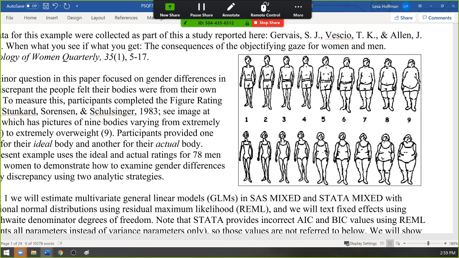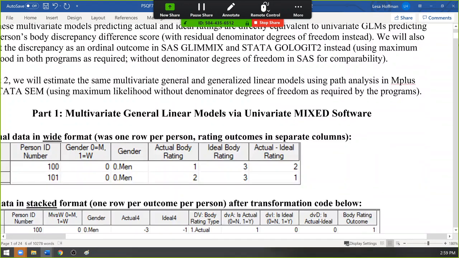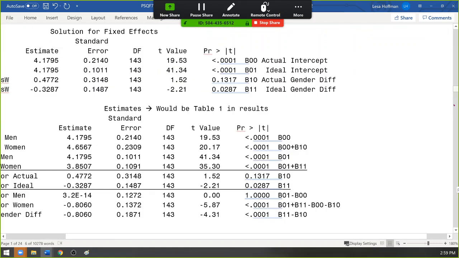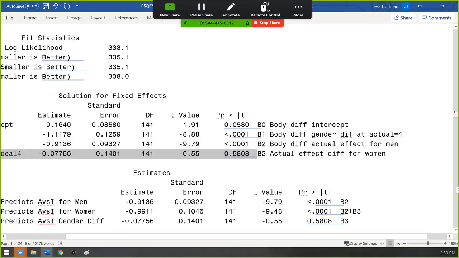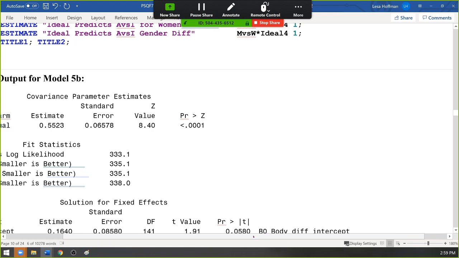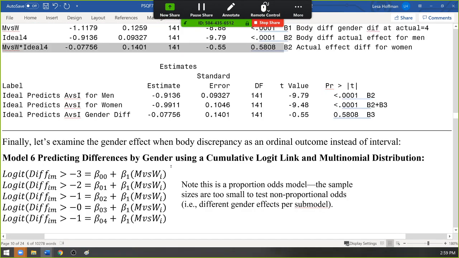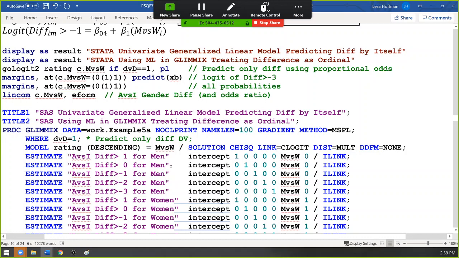There's a size dimension here, but is the difference between 1 and 2 the same thing as the difference between 6 and 7? Yeah, no. So even though arguably these things are normally distributed, they're not really interval. So I wanted to show you what we would do to predict these responses as ordinal instead. I just saw it. Here it is.